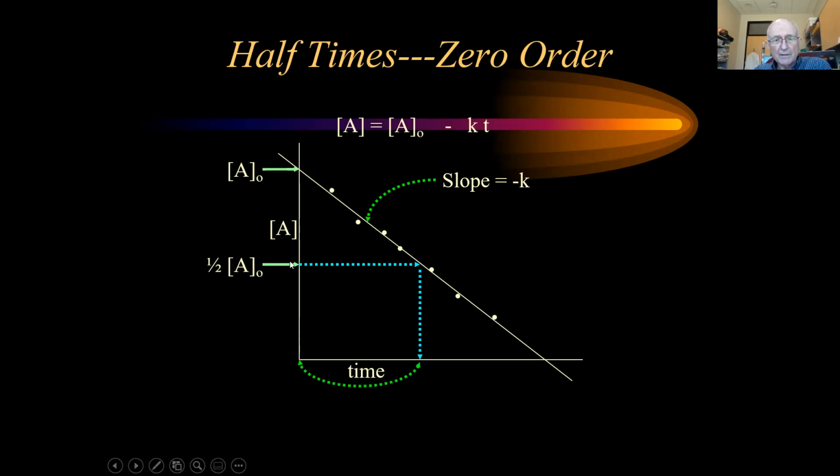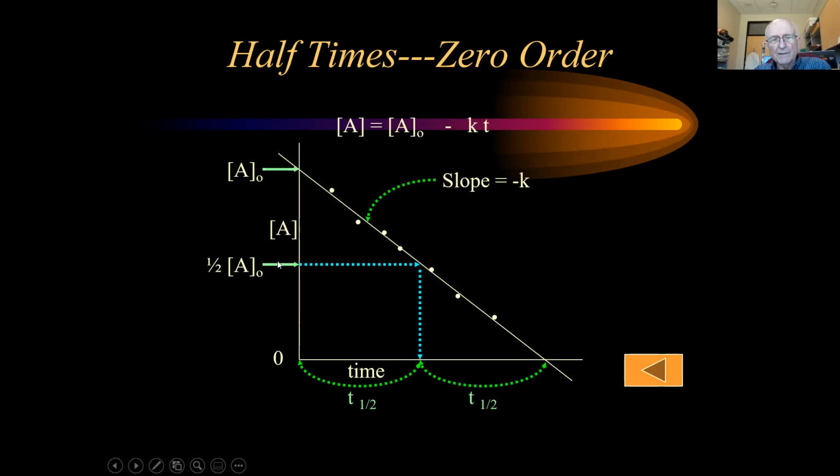If we now start at this concentration and see how long it would take to go to half of that value, that would be 1/4. Then what you would get is 0 concentration.